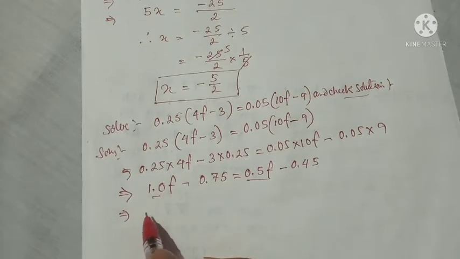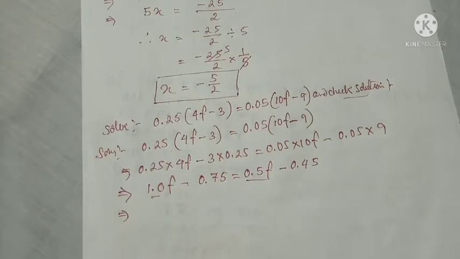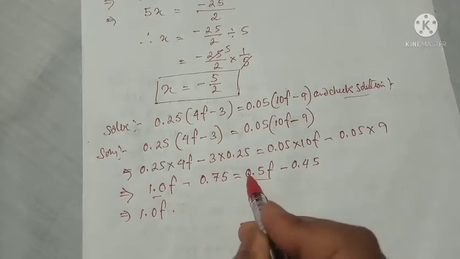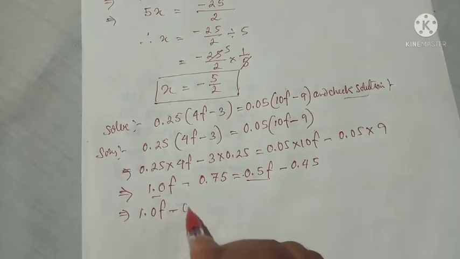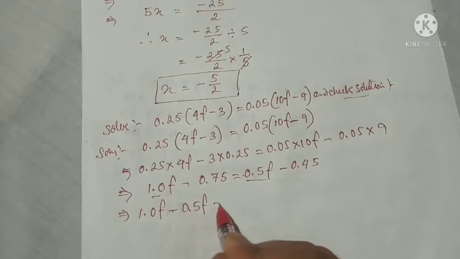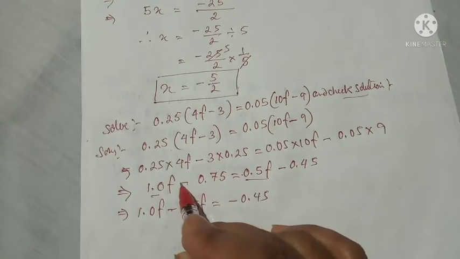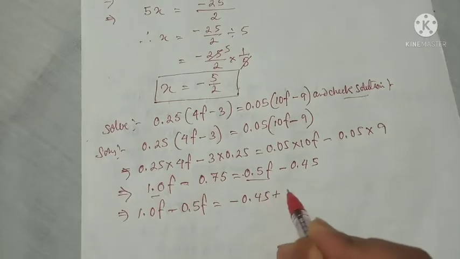So the variable will be transferred to this side. You will get 1.0f minus 0.5f equal to minus 0.45 plus 0.75, since this goes to the right hand side and becomes plus.